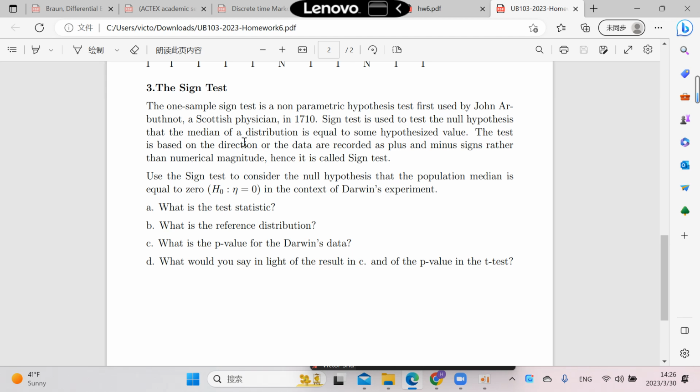From that statistics, you could already see the problem, right? Because if the null hypothesis holds, out of 15 observations, I should have 7 or 8 observations with positive signs, and another 7 or 8 with negative signs, because we have a 50-50 chance, right? But here, our observation does not agree with the null hypothesis.